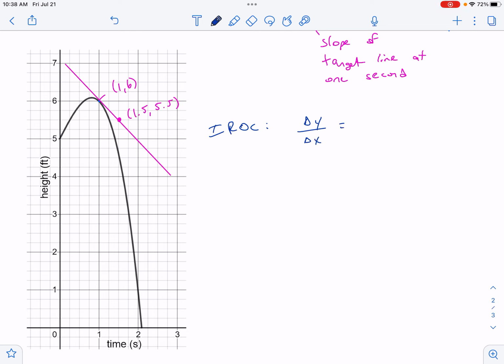So in this case, I am going to have (5.5 − 6) divided by (1.5 − 1). So that'll be −0.5 divided by 0.5, which is about −1. We'll see how close we actually are.